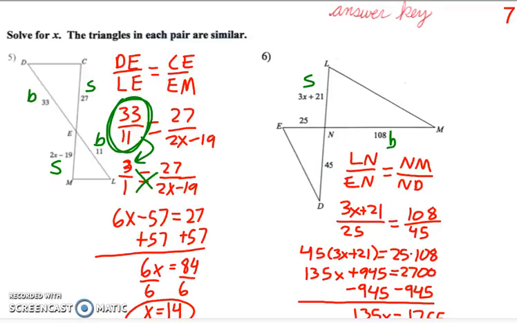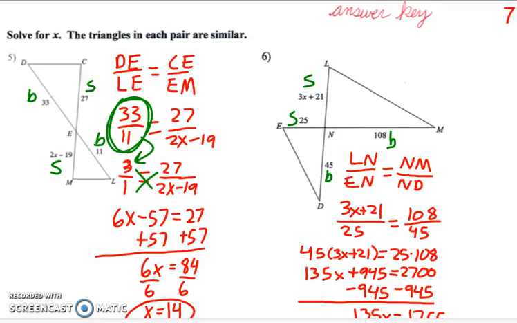And of course, I know that 25 is less than 45, so I'll put an S on the 25 side and a B over here on the side with the 45. With this problem here, I went small over small. The 3x plus 21 over 25 equals big over big, the 108 over the 45.